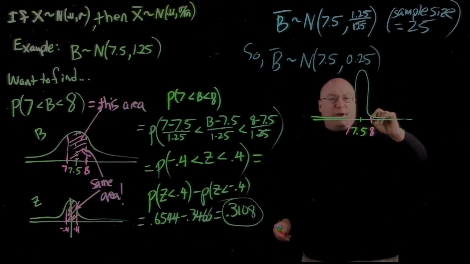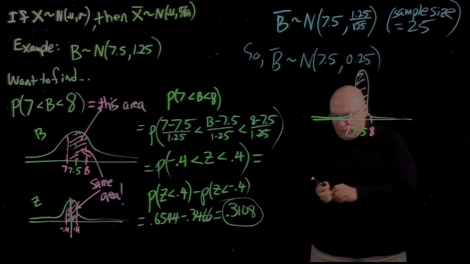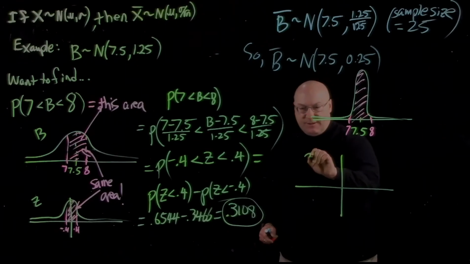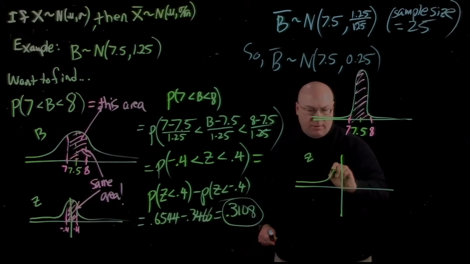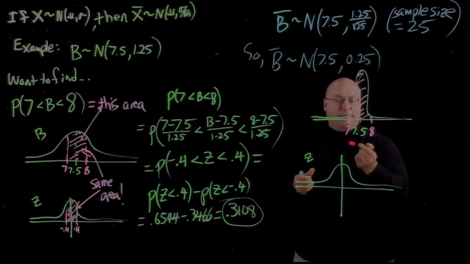So it's the same question, really, and that's the area that I want, correct? What does that correspond to when I convert to the z random variable, though? Well, let's figure it out.